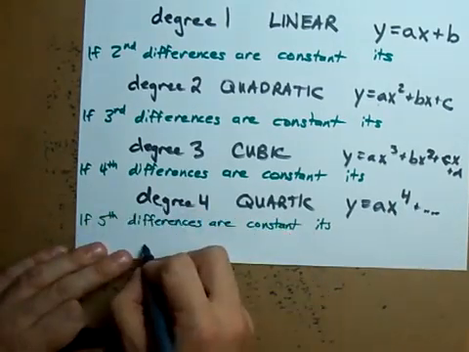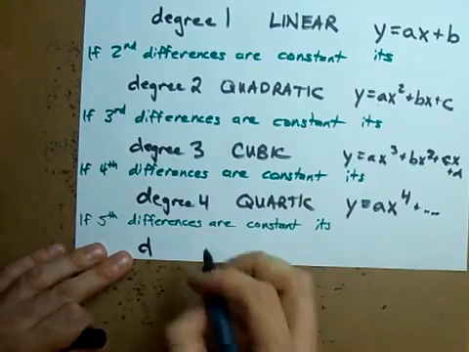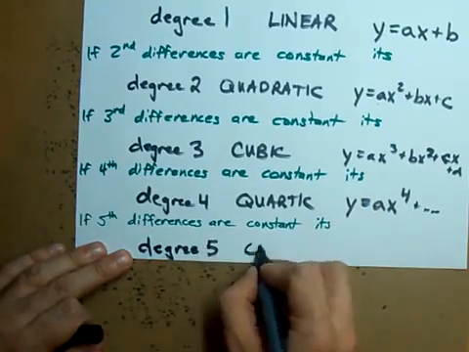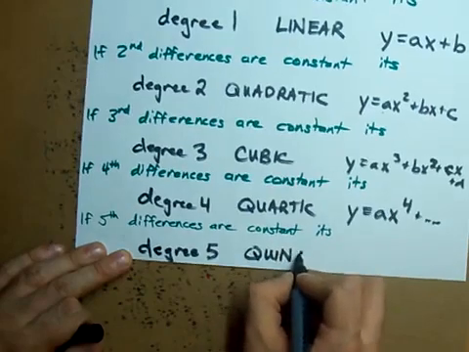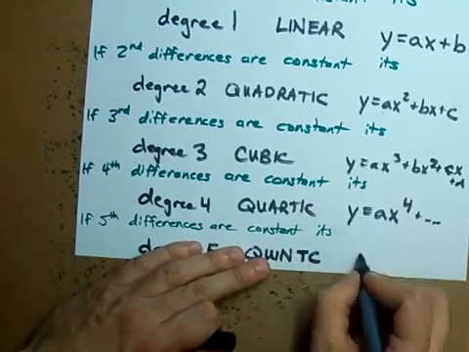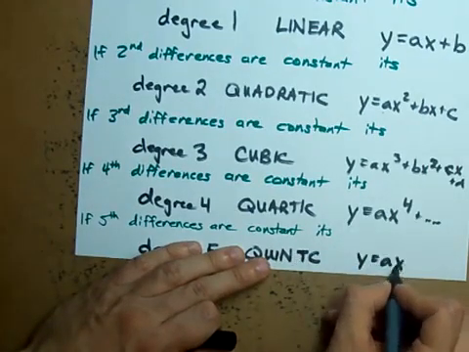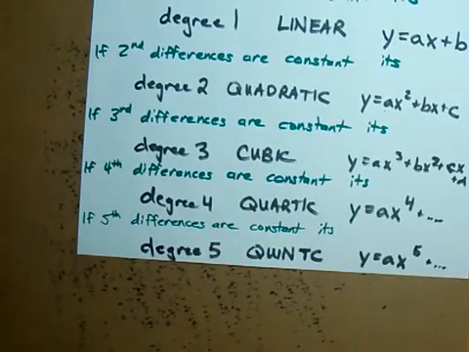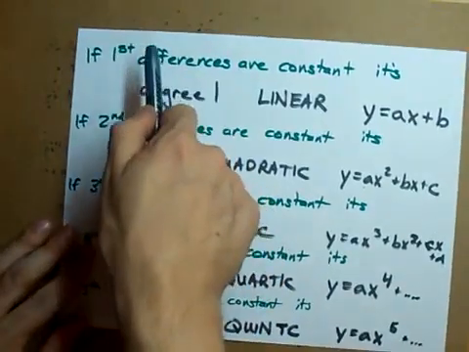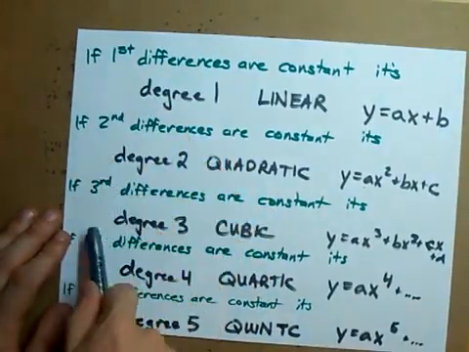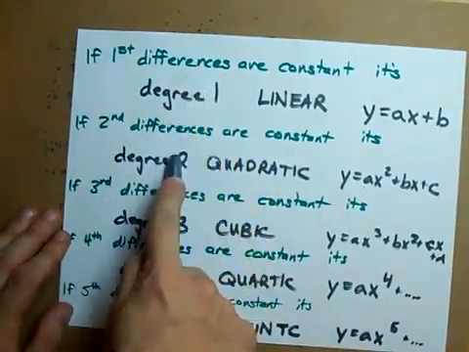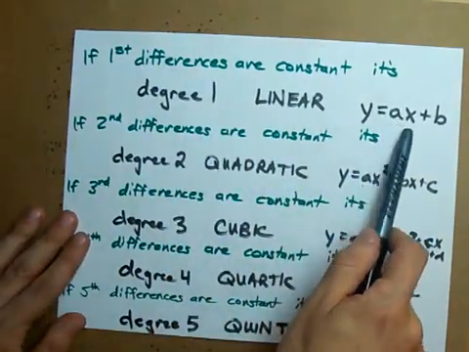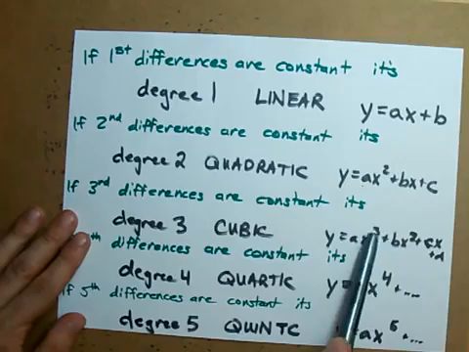And if fifth differences are constant, which will probably be rare, it is degree 5, which we call quintic. And that will be y equals ax to the 5 plus a bunch of other stuff. Do you get that? Whichever differences are constant, that's the degree of your polynomial equation. That's the highest exponent you'll see on x in the equation.